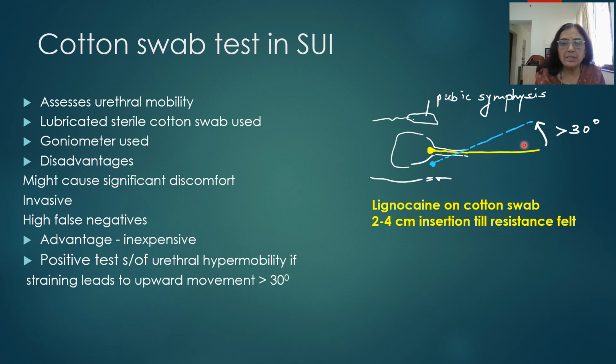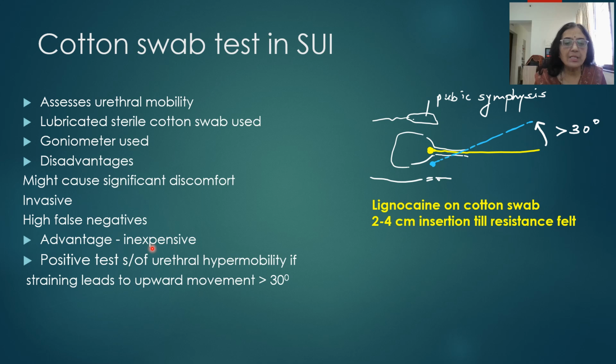Then we say that the test is negative, meaning urethral hypermobility is absent. But this is false in many cases. Even if the movement is less, there can still be urethral hypermobility. That is the meaning of this sentence, that it is associated with high false negatives.